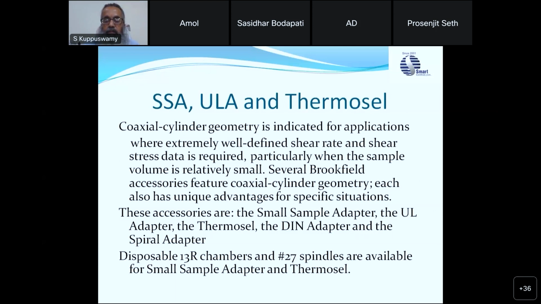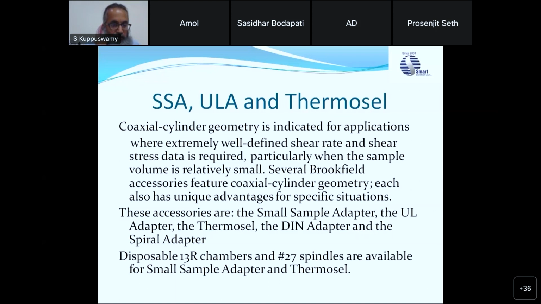Several accessories are available with unique specifications. Then there are disposable spindles also. Disposable chambers and disposable spindles are available along with small sample adapter or a thermocell. In small sample adapter, as I told you, wherever the sample quantity is relatively small, we can use it.